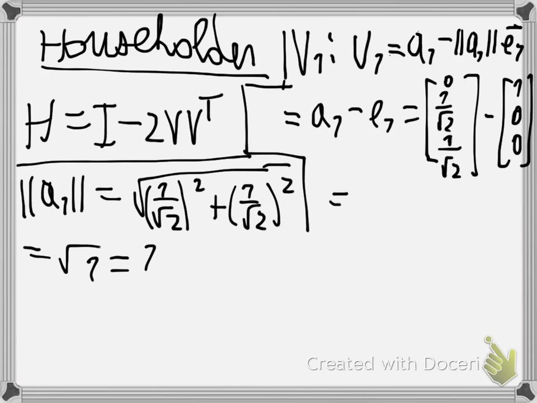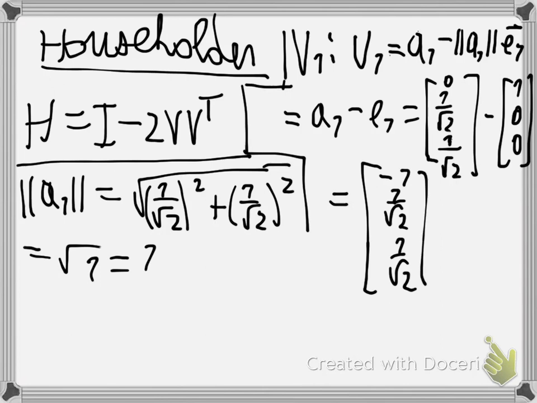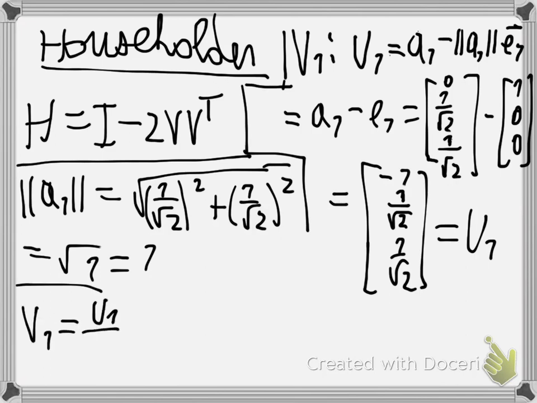And so I should get negative 1, 1 over square root of 2, 1 over square root of 2. So that's my vector U1, and now to get V, I just divide U by its length. So V1 is U1 over its length.